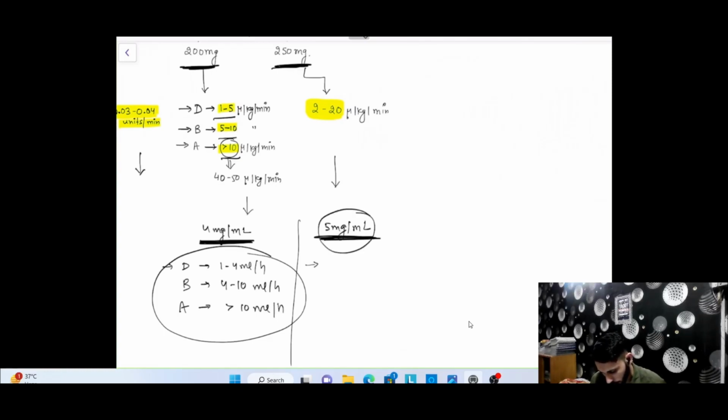This has become 5 mg per ml, so the rate will be 1 ml per hour. Starting with 1 ml per hour, can go up to 15 ml per hour. This is the minimum and maximum based on this value, that is 2 and 20. Based on these minimum and maximum, this will be starting with 1 ml per hour at a concentration of 5 mg per ml, going up to 15 ml per hour.